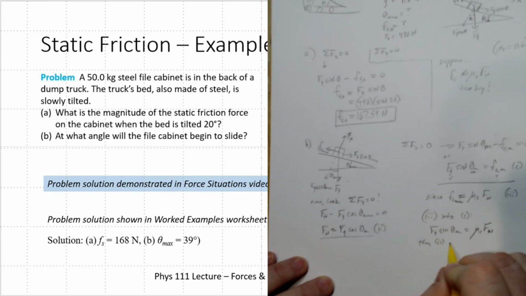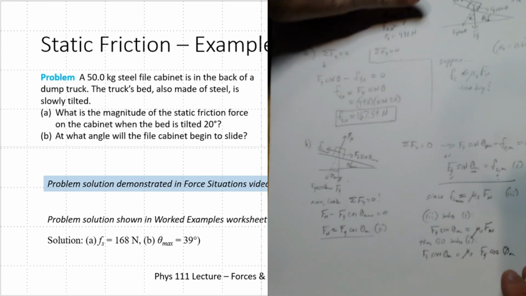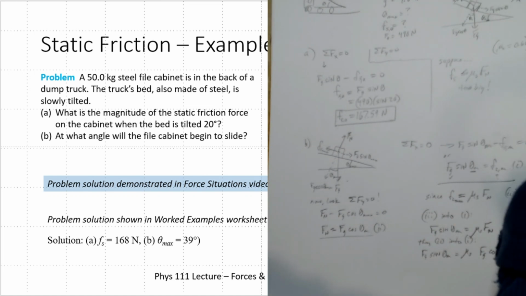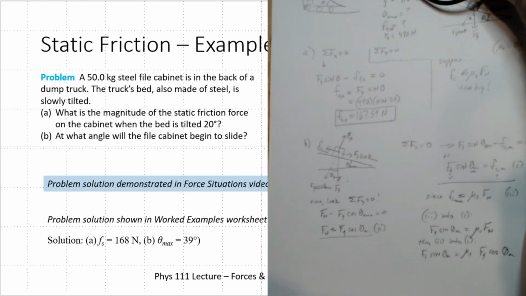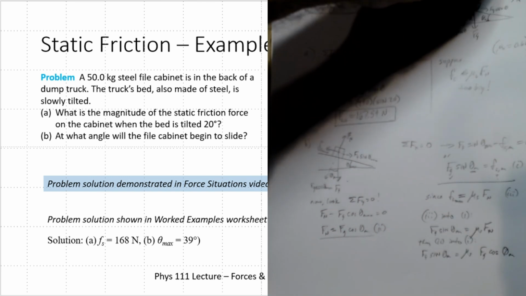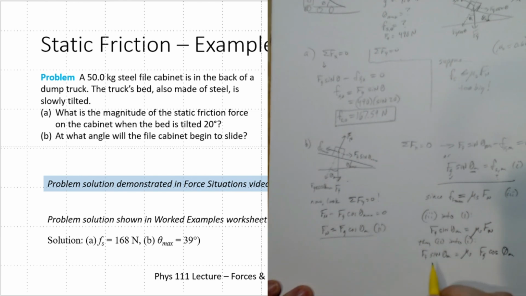Then 2 into 1 again gives us Fg sine theta max equals mu sub s, which doesn't change, but the normal force is now Fg cosine theta max. And notice what happens here. Both of these have the force. We can drop that out and solve for the angle theta.